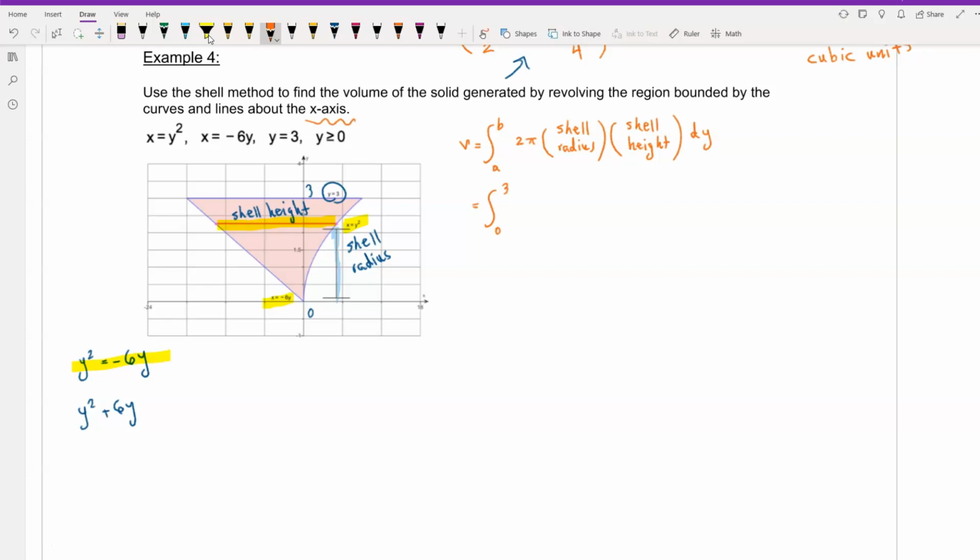So here we have dy, y between 0 and 3, then times 2 pi times the shell radius y times the shell height, which is what we had here, y squared plus 6y, times dy. Now I'm going to simplify. So here I multiply. Now I have 2 pi y cubed plus 12 pi y squared.